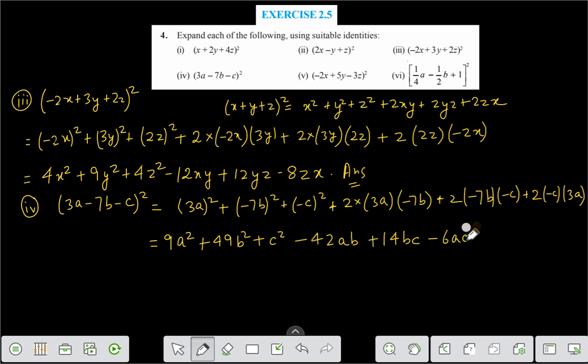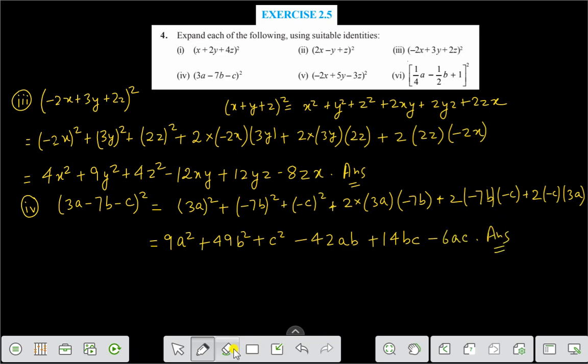Therefore, the answer of question number 4 is 9a square plus 49b square plus c square minus 42ab plus 14bc minus 6ac. That is the answer of question number 4.